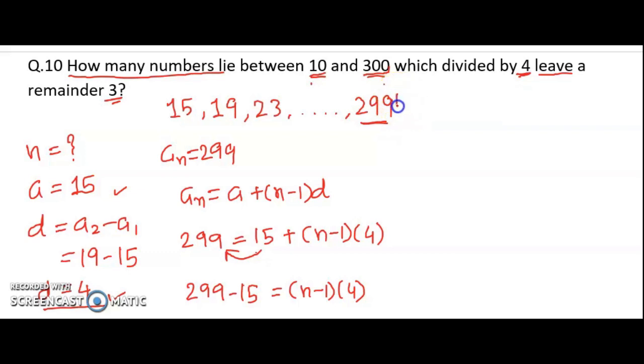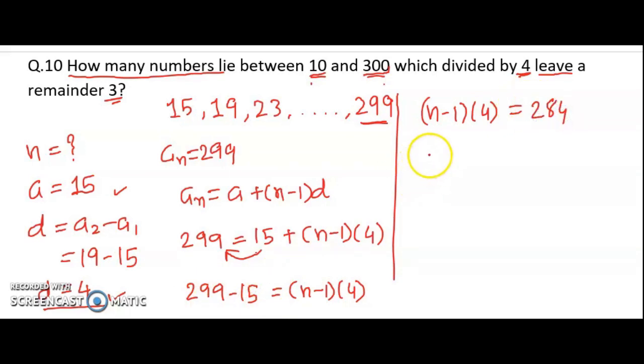So if you solve for the value of N, we get N minus 1 multiplied with 4 will be equal to 299 minus 15. So we will get 284. So we get N minus 1 equal to 284 divided by 4. So we will get 71.